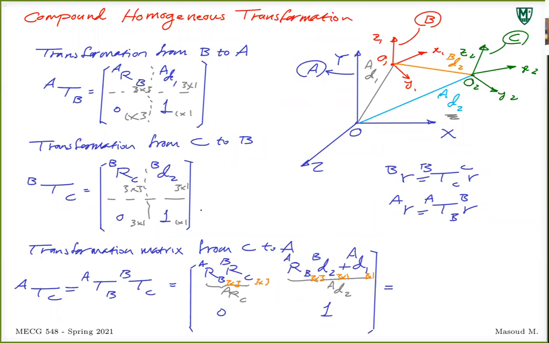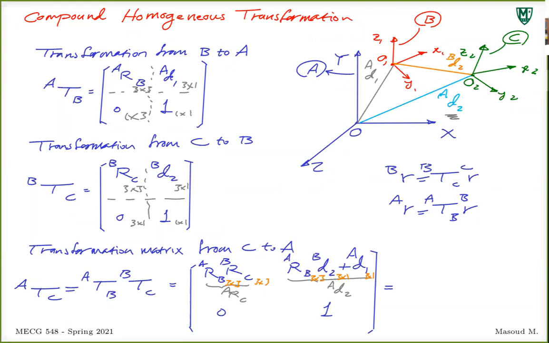Now, what we're saying is that if you have this situation, multiple frames, instead of taking this point and doing it step by step, just find the compound homogeneous transformation matrix. And once you know your T, then for every point in the final frame, the frame multiple frames away from the frame you're interested in, just multiply those points with that transformation matrix.